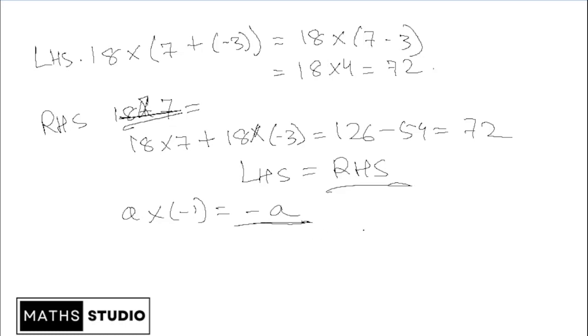So minus 22's additive inverse would be plus 22. 37's additive inverse would be minus 37. 0's additive inverse will remain 0 itself, because the answer would remain 0 only when you are multiplying with 0.